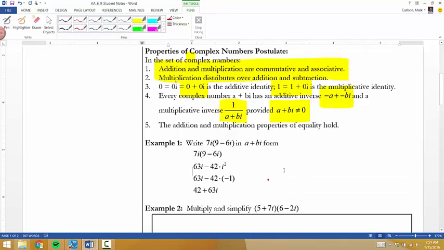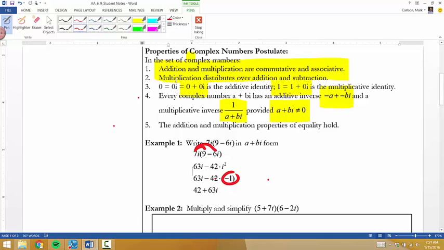Because the distributive property works, I'm going to take 7i and distribute it across the parentheses. So I have 63i minus 42 i times i, which is i squared. Well, i squared is equal to -1, and -1 times 42 is just -42.